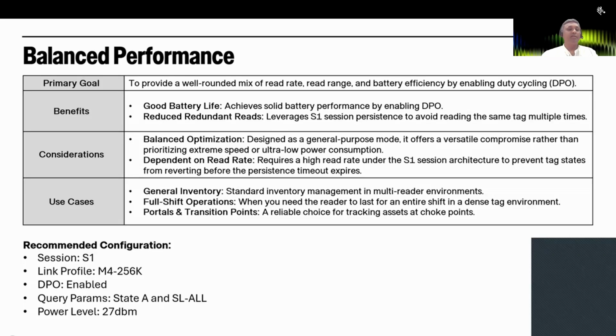Now let's see the details on how we achieve these configurations on the Zebra readers, right? So we should be working on session S1, and then configuring the link profile with M4 256.